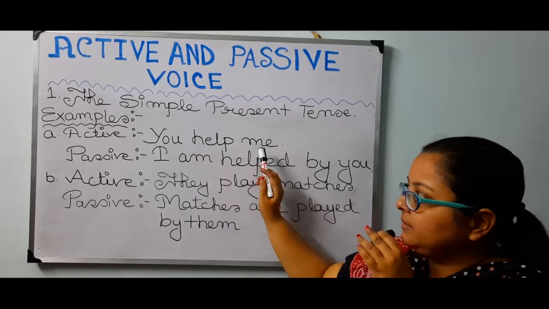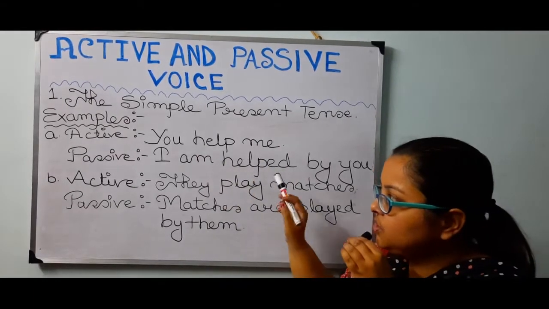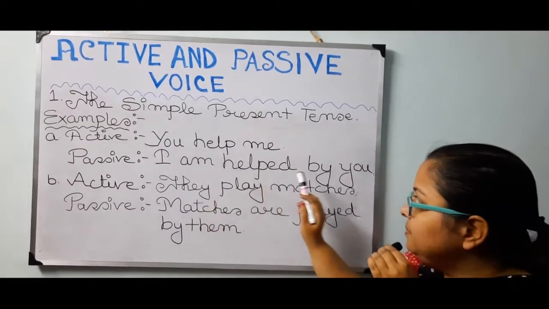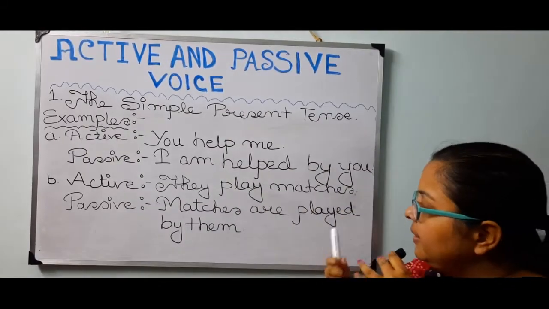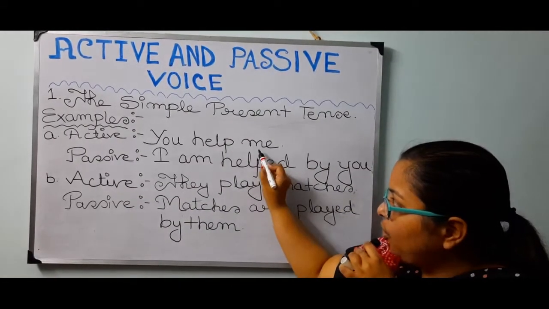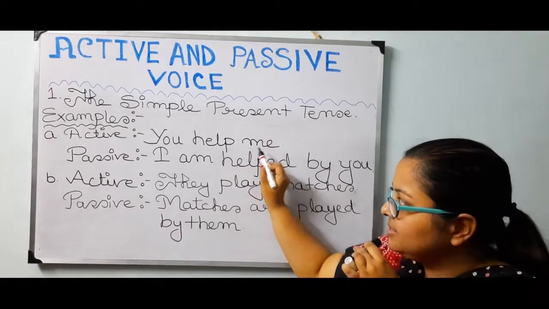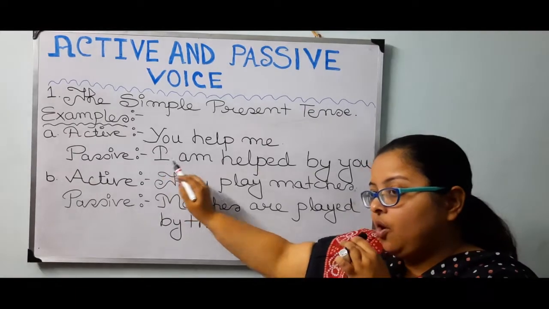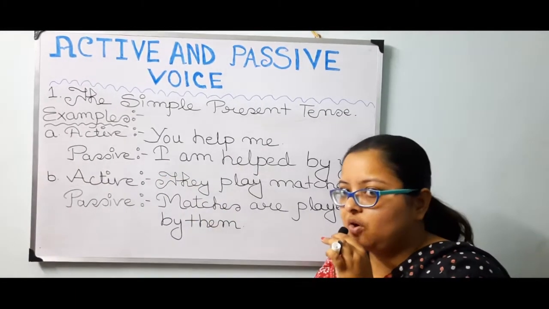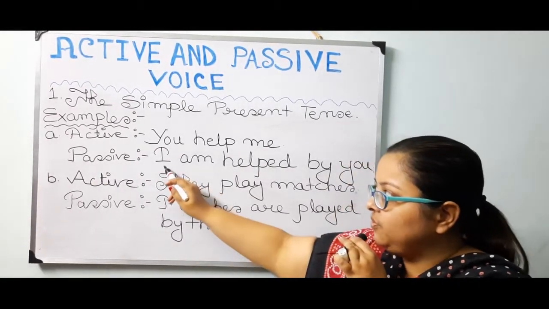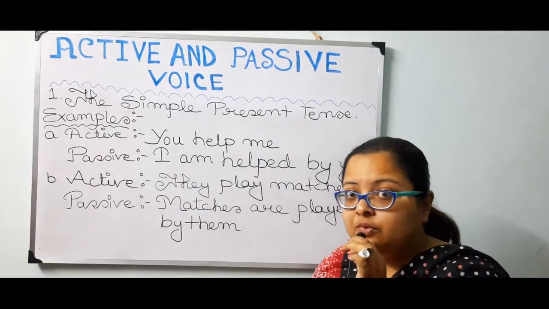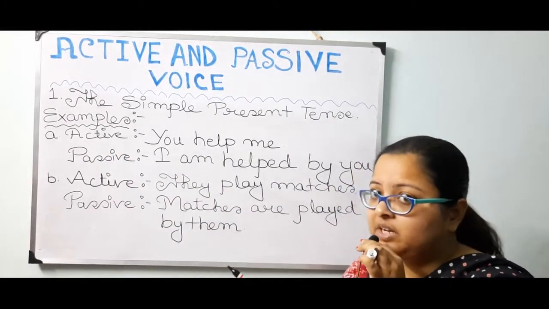You help me. Now, this one is getting changed into I am helped by you, where me, the object of the active voice, is turning into the subject of the passive voice, or it is going into the place of the subject of the passive voice. Then, according to the rule, with I, definitely am will be used.